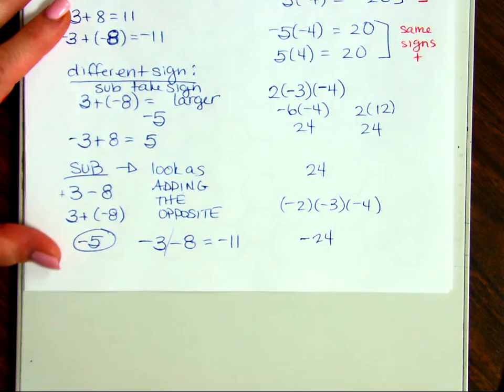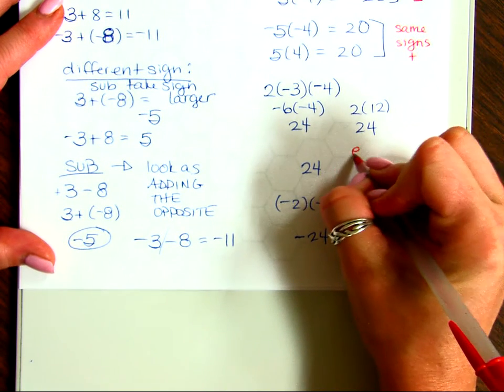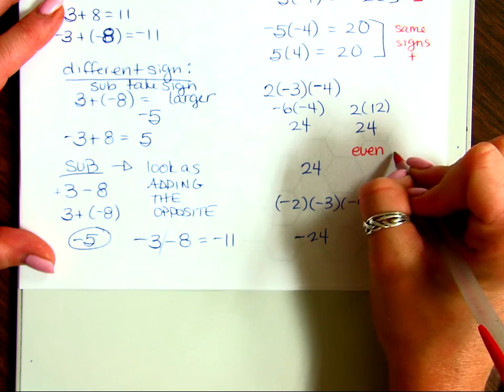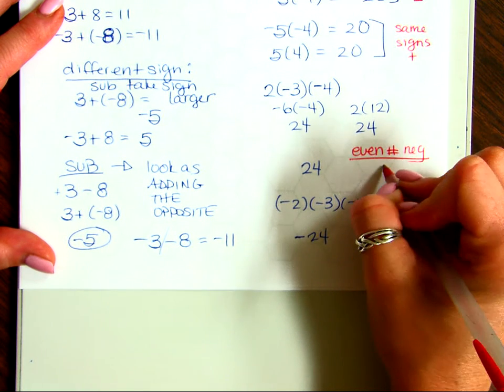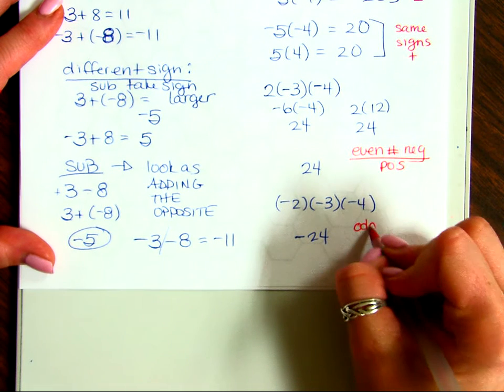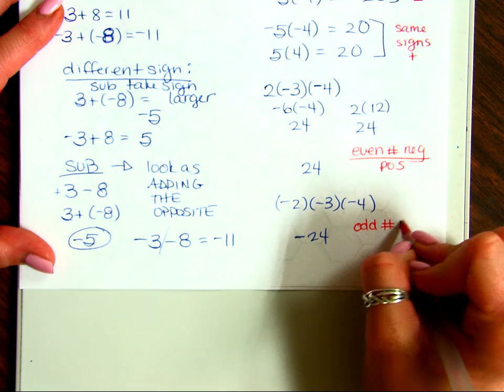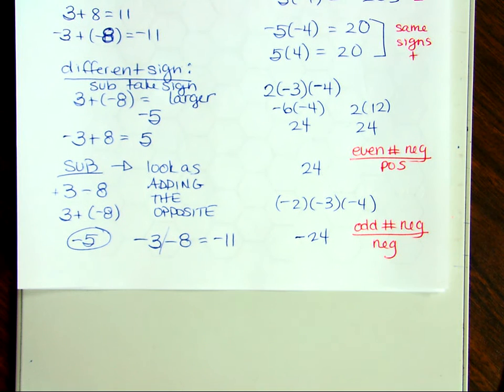So that's the general rule, the good little shortcut. If there's an even number of negatives, then your answer will be positive because everybody will have a partner. If you have an odd number of negatives, somebody's left out, and that's a negative answer.